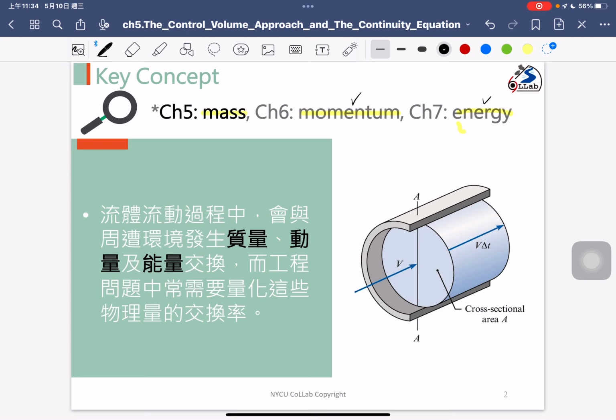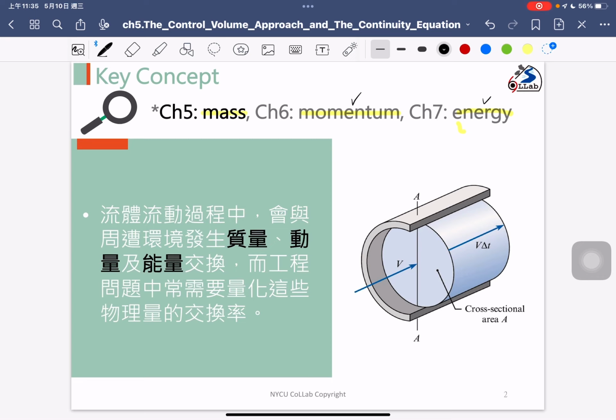So in the following chapters, I will teach more quickly because the same idea just applies to different physical properties. And then three important equations. The most important equation for chapter 5 is the mass conservation equation, 质量守恒方程. In chapter 6, we have momentum conservation, so we have the 动量守恒方程. And finally is the energy conservation.